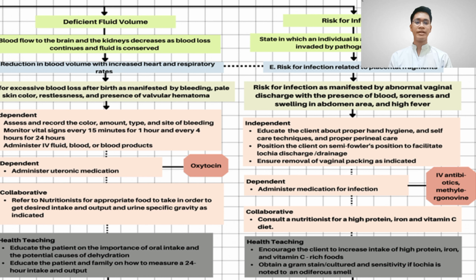For dependent intervention, administer uterotonic medication, which is the oxytocin. For collaborative intervention, refer to nutritionists for appropriate food to take in order to get desired intake and output and urine-specific gravity as indicated.